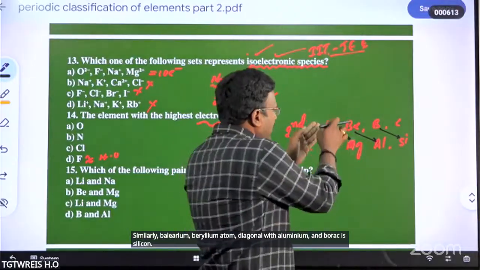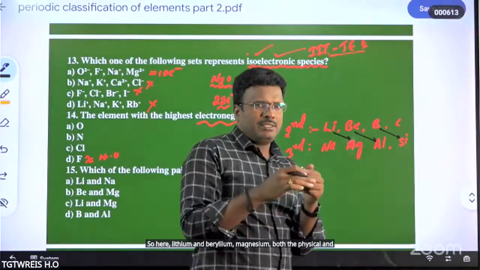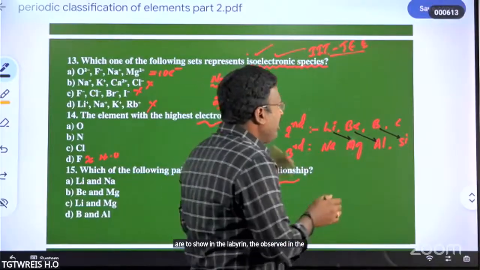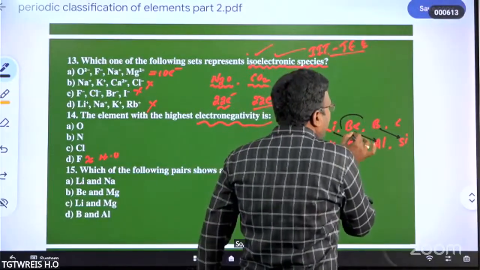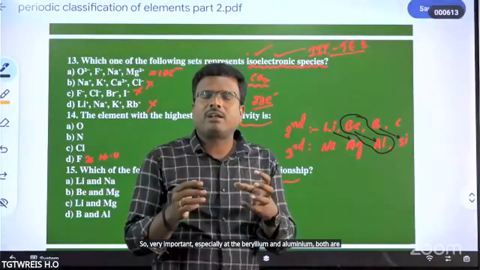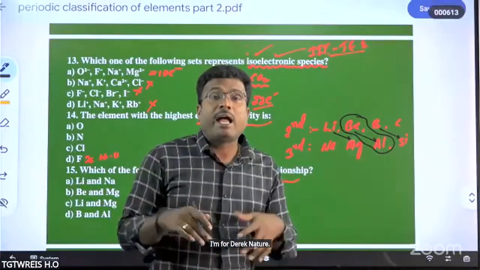So here lithium and magnesium show both physical and chemical properties alike, as observed in the laboratory and in Mendeleev's work. Very, very important, especially beryllium and aluminium, both metals. These metals behave in an amphoteric nature. What is called amphoteric?